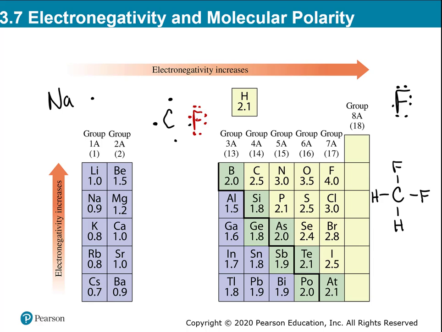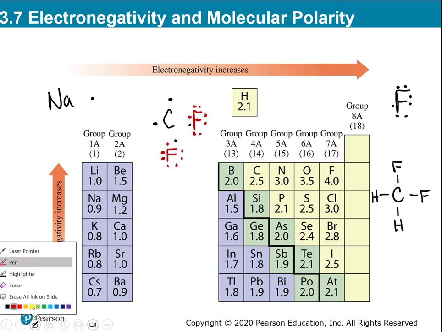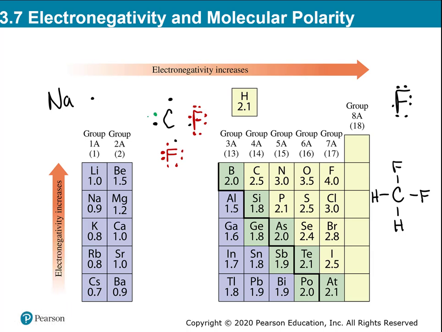So this fluorine, that's an F. The electrons are going to spend more time around the fluorine, whereas the carbon and the hydrogen are going to be more evenly distributed. Because if you look, hydrogen is 2.1, carbon is 2.5. They're pretty close. So if electronegativities are close, they're going to do more equal sharing.